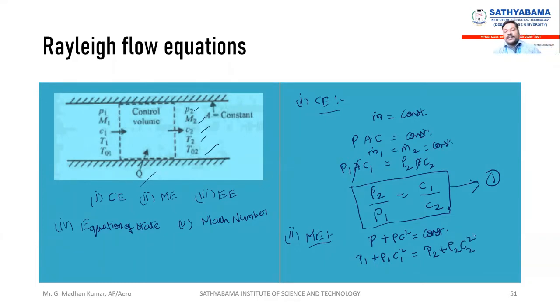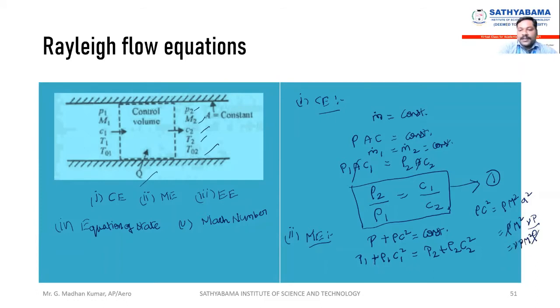We can also express rho C square in terms of Mach number: rho M square a square, and a square is gamma p by rho. The rho cancels, and we have gamma p M square.